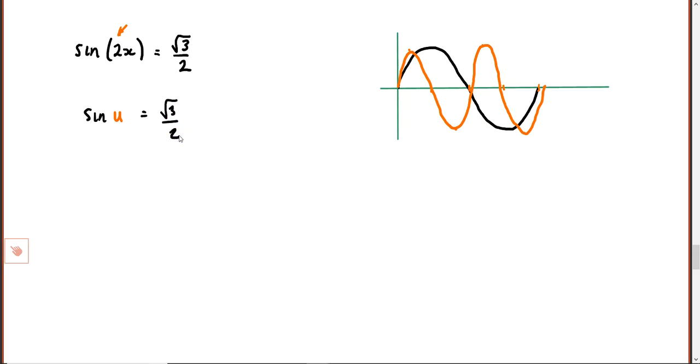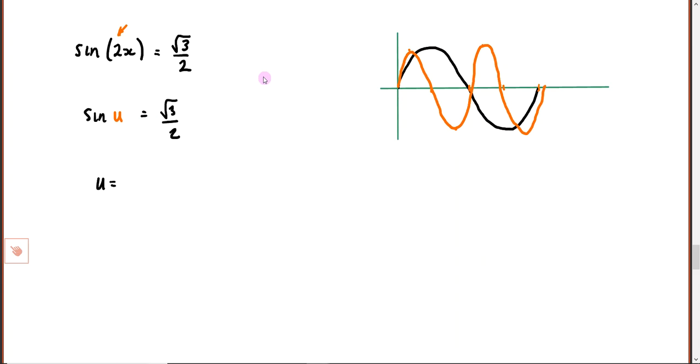I'm not going to call it x because that would confuse matters. I'm not solving sine of x. I'm trying to solve sine of 2x. But let's do sine of u. So sine of u is equal, well, what is u going to end up being? Well, what's root 3 over 2?